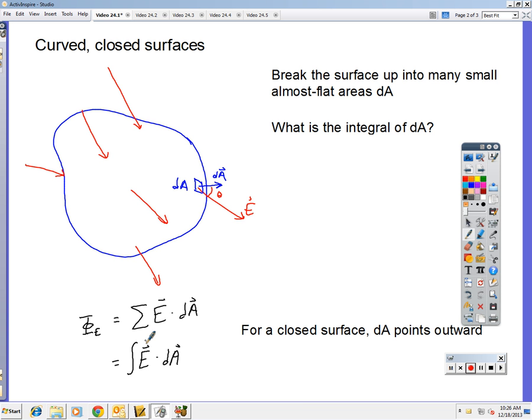Now these integrals can get horrible quickly, but most of the time when we apply Gauss's law, it will be possible to write the flux as E times the integral of dA. So E will be constant over the whole area of the surface, so it comes out of the integral. Well, the integral of dA, that's just the total area of the surface.